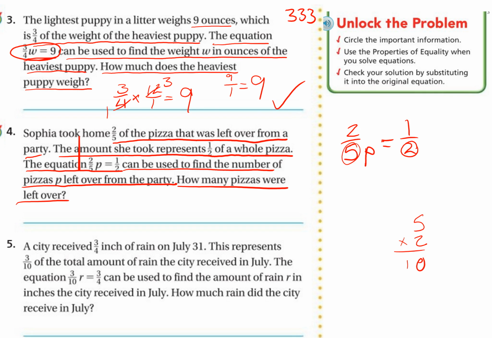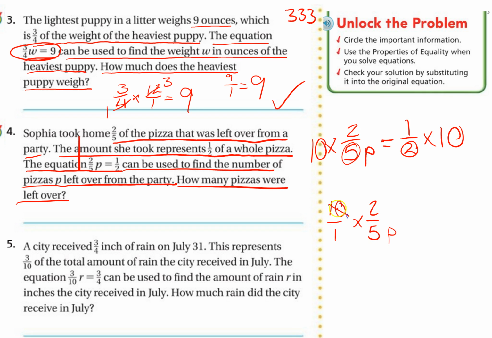And then multiply both sides by 10 to get rid of the fractions. Okay, so 5 times 2 was 10. That tells me what I multiply both sides by. Okay, so 10 is the same thing as 10 over 1 times 2/5. I do have that P.